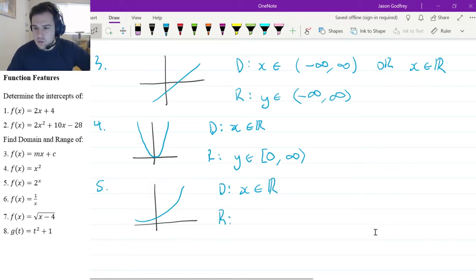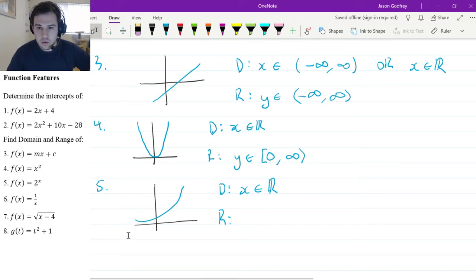Now what about the range though? The range is very similar to the parabola above. What values output from this function along the y-axis? Well, you can get only positive numbers. We don't go below the x-axis. They go all the way up towards infinity. And they do come down towards 0, but because there's an asymptote there, it never actually equals 0.